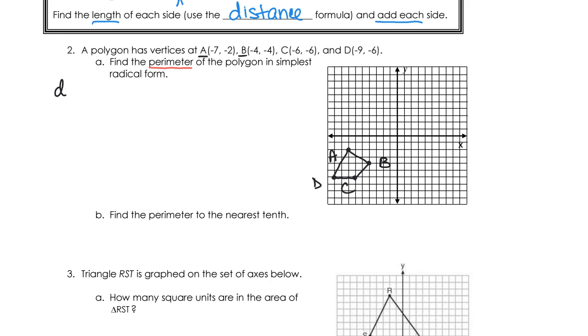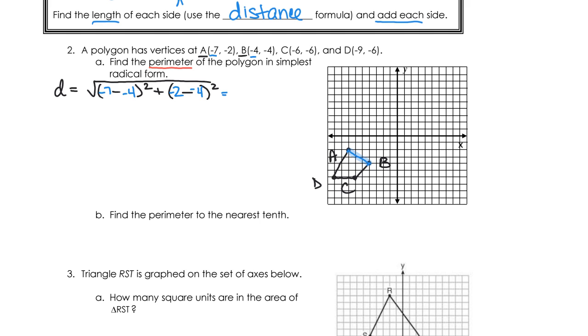We'll be finding the length of this side here. Because it's a diagonal line, we can't just count blocks. We actually have to do the distance formula. Remember X is first, so we'll do -7 and -4, and -2 and -4 for the Y's.